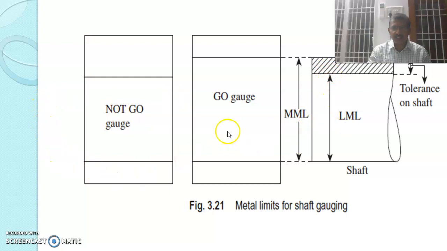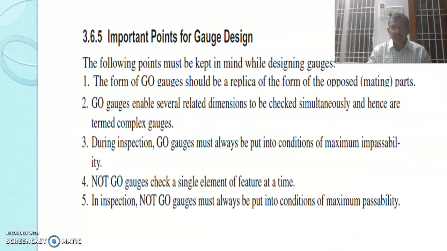The piston should go inside this hole, and it should not go inside the other hole. It is designed in such a way that only then will the product be accepted.